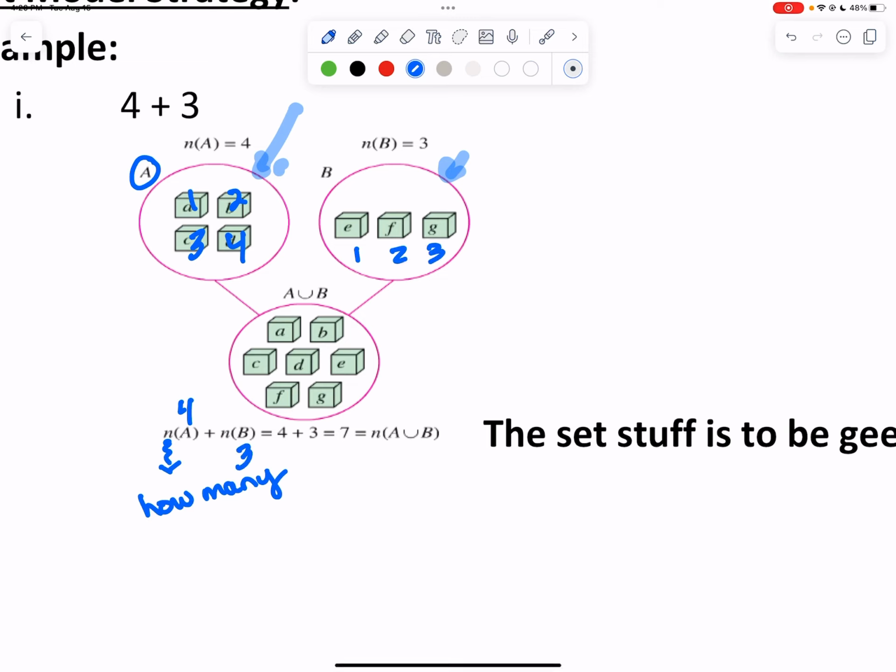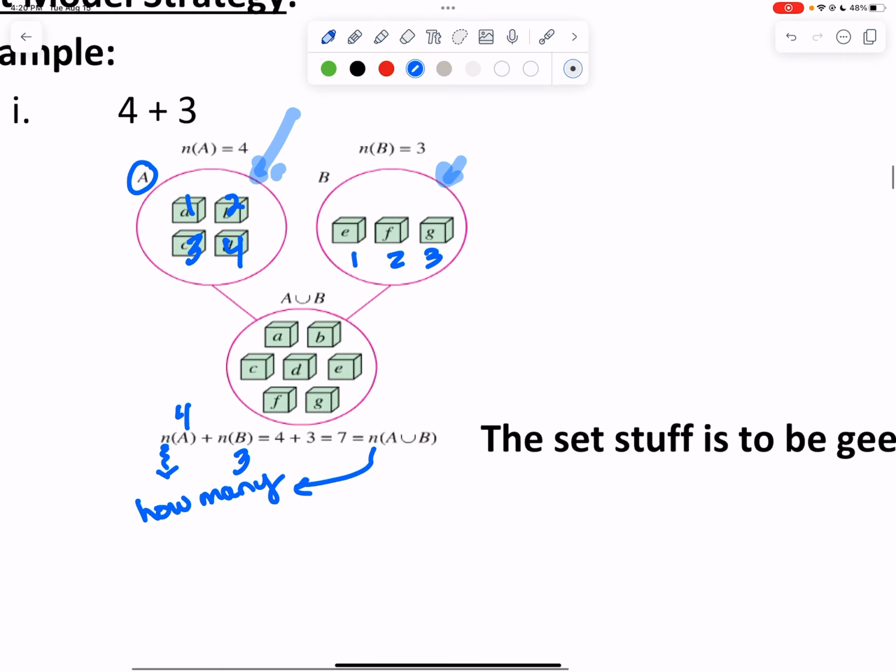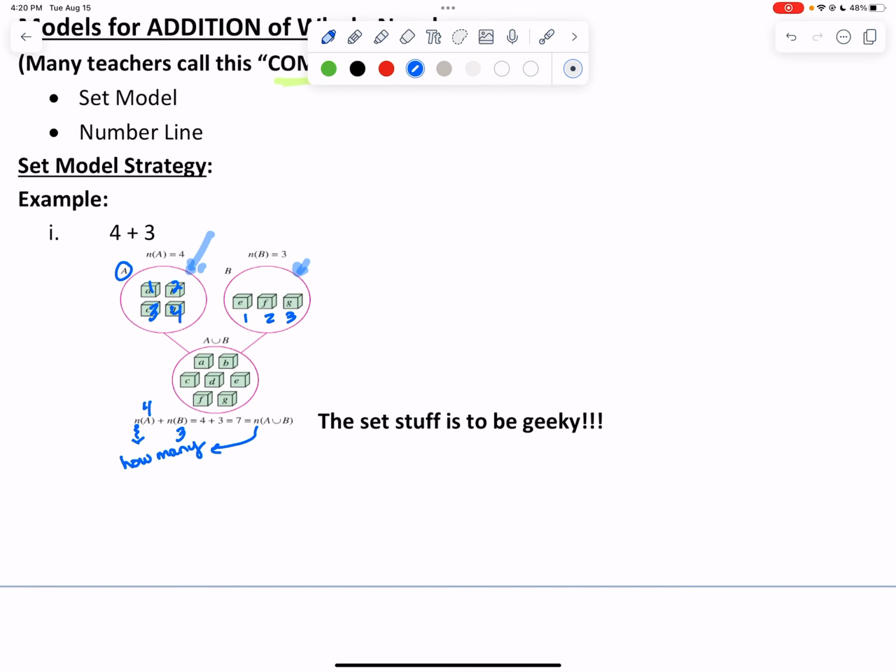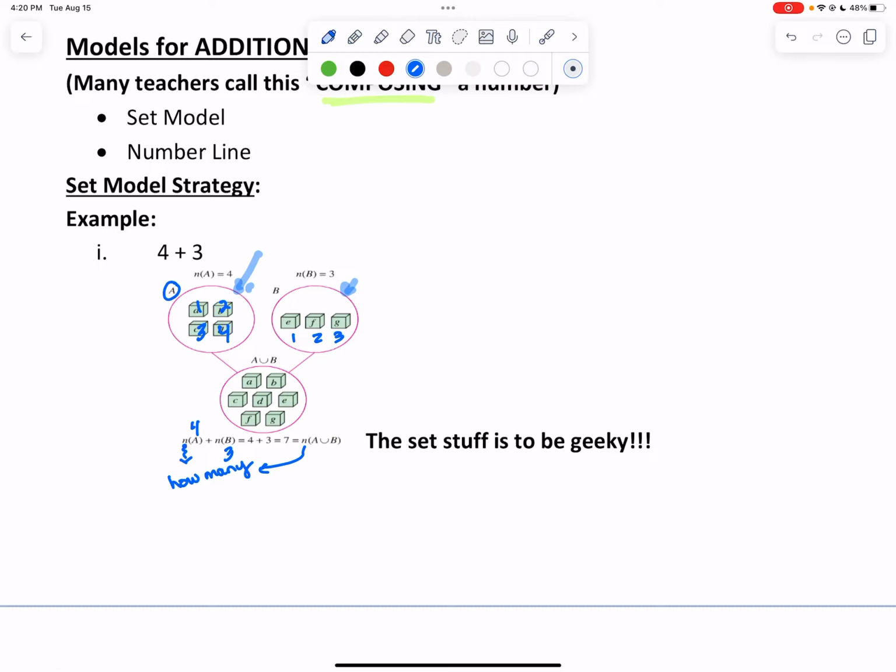When we add those together, that gives us the n of our whole set. Chapter 2 is all about sets, so this is actually chapter 3. There'll be some geeky set stuff put into this chapter just because it's normally taught right after I teach sets. But anyway, that's our set model strategy.